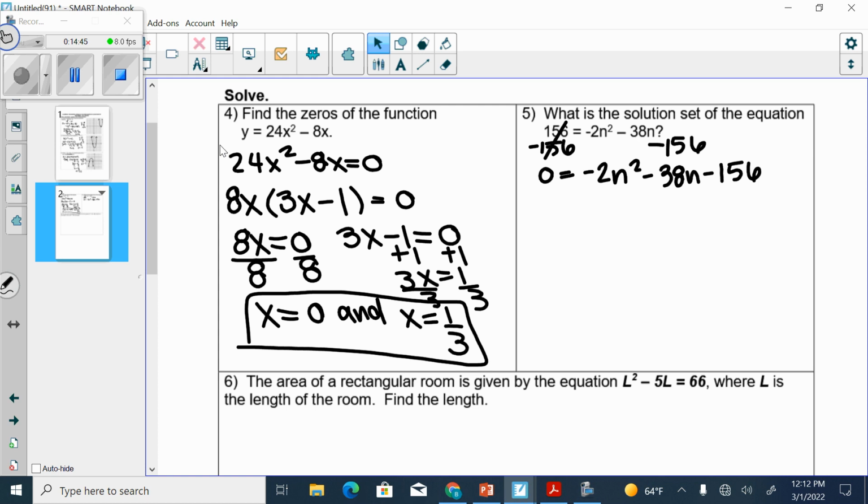All right. So now what do I look for? Very good. And what's my GCF going to be here? 2. Very good. Okay, so if I take negative 2 out of negative 2n squared, what are we left with? Nice. And if I divide negative 38n by negative 2, what are we left with?